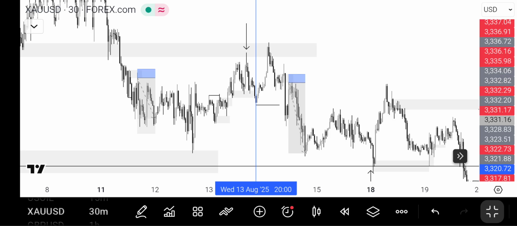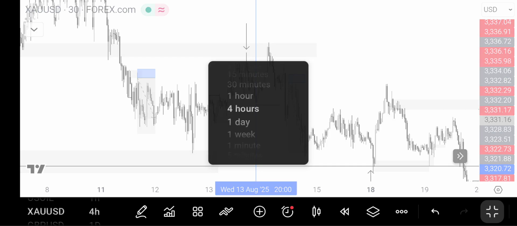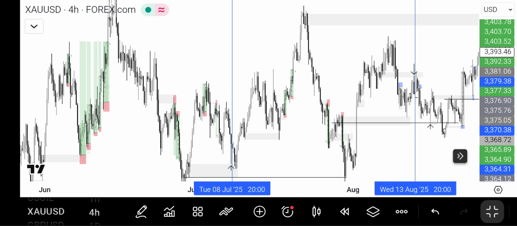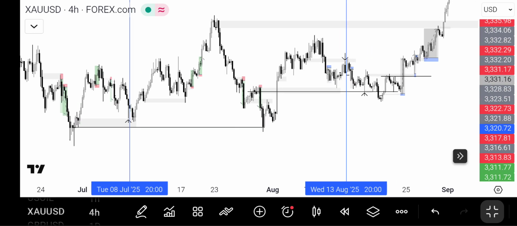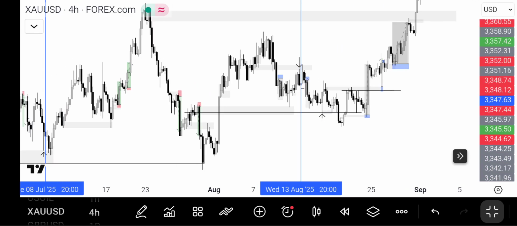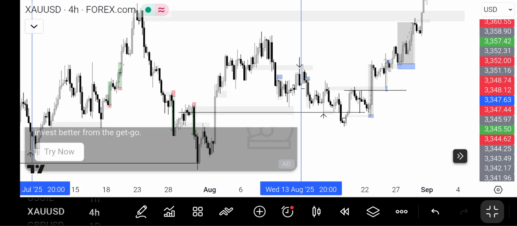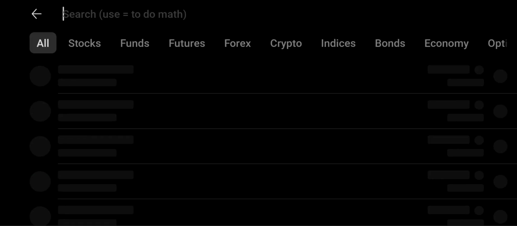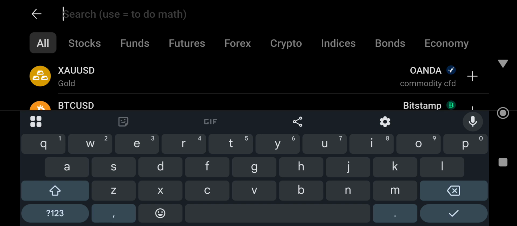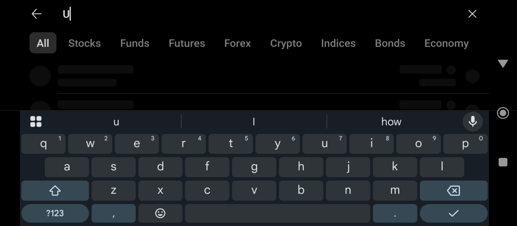I don't know if I can see another example, but just know that it happens a lot on gold and some other pairs, maybe USD JPY. Let's check USD JPY. I guess it happens on USD JPY.